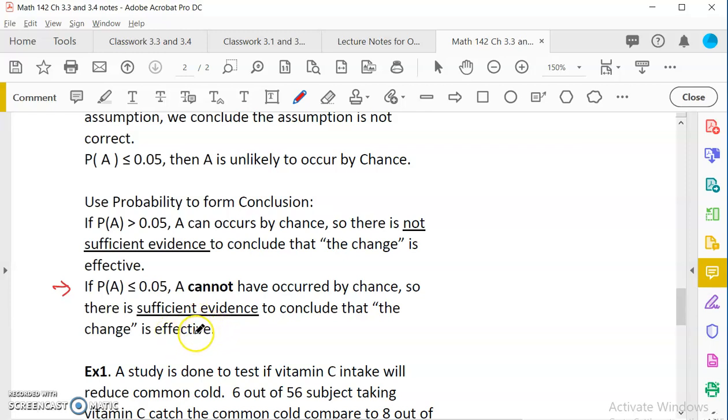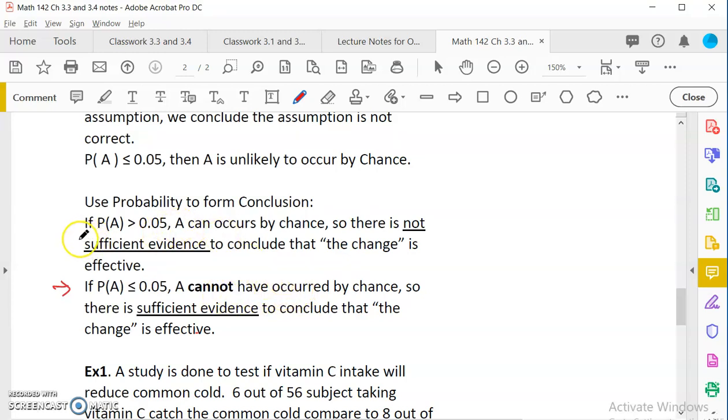Usually the reason we're interested is that we apply some change and look at what happened, and calculate the chance of it happening. If it is a really low chance if the change is not effective, and you see it happen, that means the change caused it. It cannot have happened by chance.